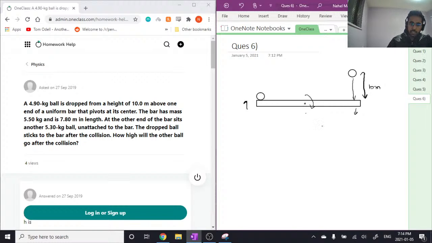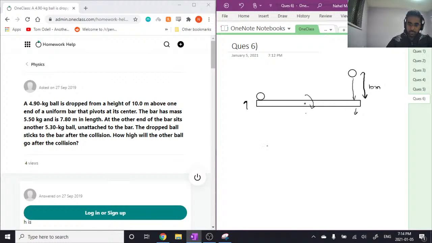So firstly, we know that initially this ball had some potential energy, but it did not have any kinetic energy since it was dropped. It was not thrown, it was dropped. So when it hits the bar here, all of its potential energy would be converted into kinetic energy.